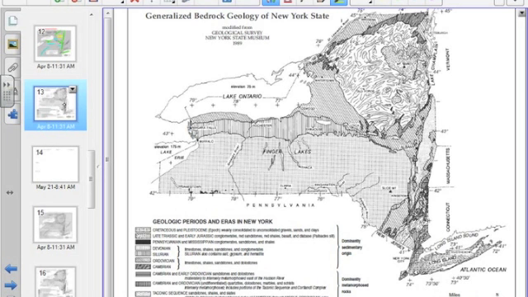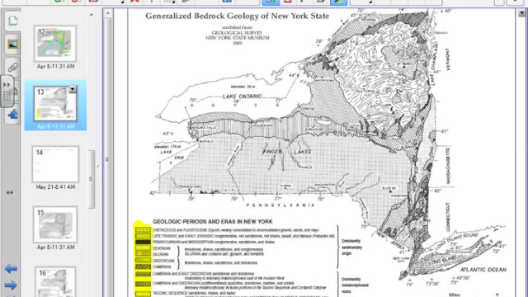Down at the bottom, on the lower left-hand corner of your bedrock geology map, you'll see that there is a key. The key shows you all of the different symbols that are represented in the shading and patterning of the map.